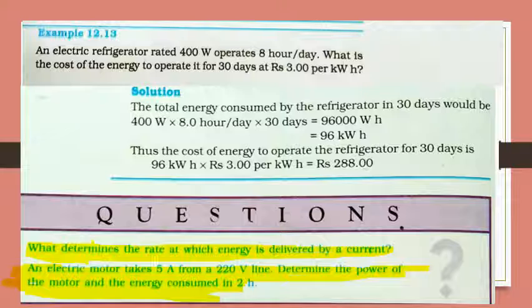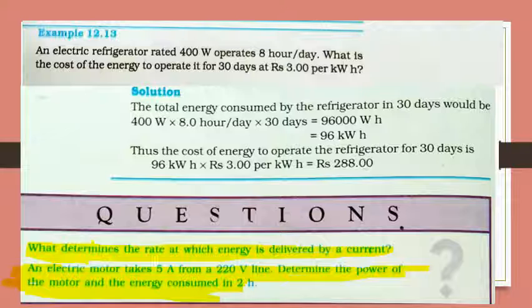See the second example. An electric refrigerator rated 400 watt operates 8 hours per day. What is the cost of energy to operate it for 30 days at rupees 3.00 per kilowatt hour? Per kilowatt hour means actually the unit. The total energy consumed by the refrigerator in 30 days, at 8 hours per day, we have to multiply by 30.